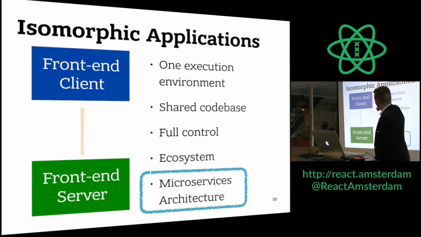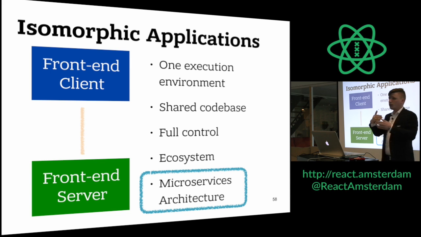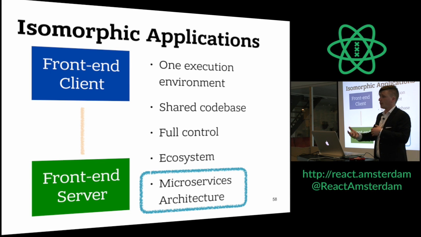So in this way, we can get a lot of benefits. The main one is one execution environment where you can execute your code, and you can scale your team for a lot of projects. Shared codebase: when you develop some components for some screens once, you can share them, for example, on a mobile application.